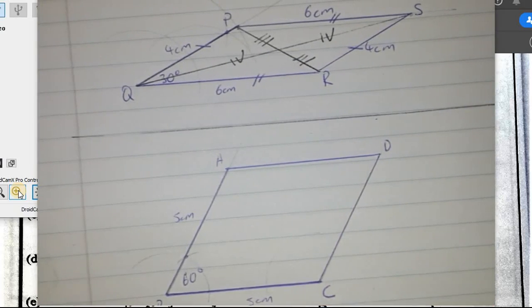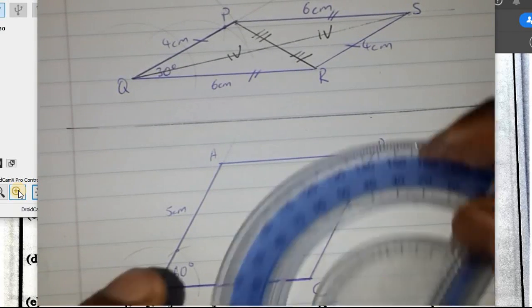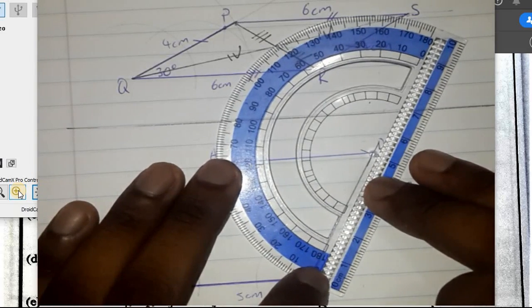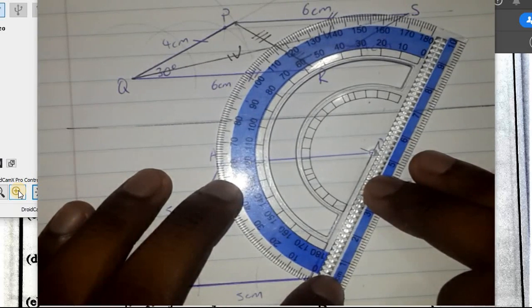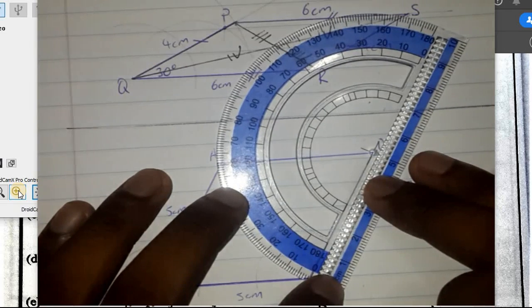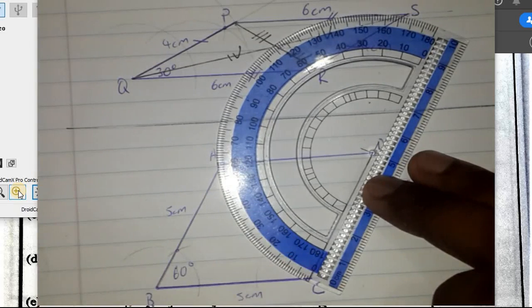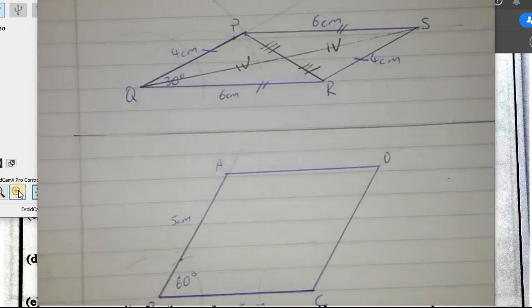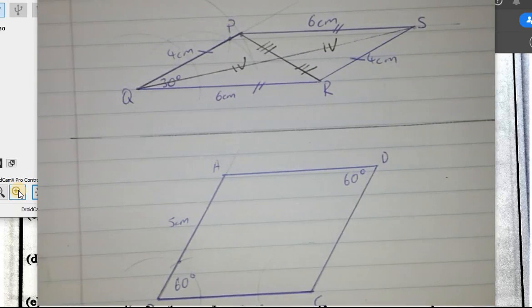Measure all the angles, right? If you measure that, it is 60 degrees. Oh, we can't see that. We got a glare. 60 degrees, right? So this is 60 degrees.